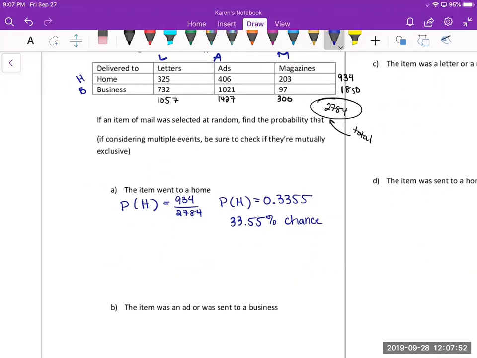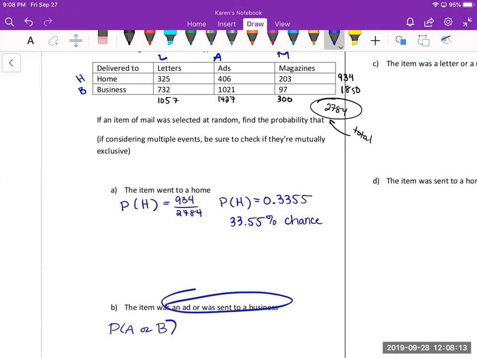The probability the item was an ad or was sent to a business. The probability it was an ad or it was sent to a business. Now, whenever we have this A or B, quite perfectly in this situation, we have to ask ourselves if the variables are mutually exclusive.